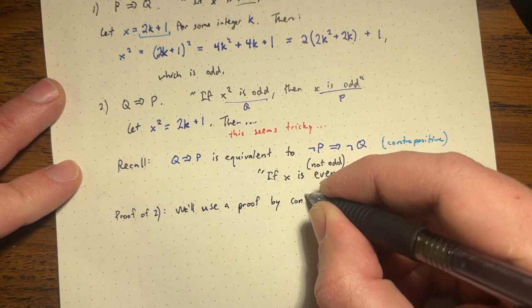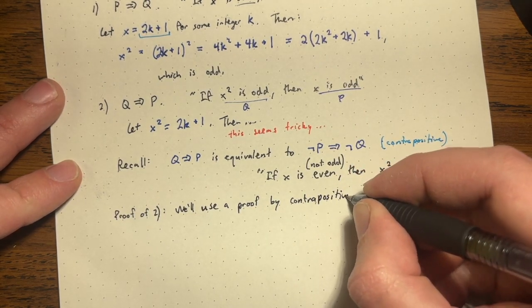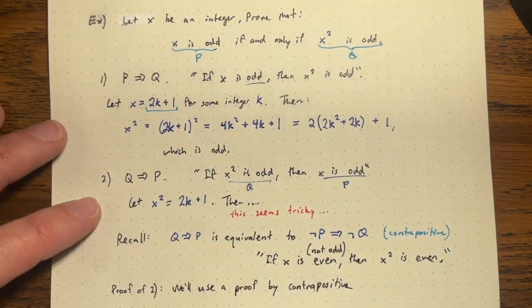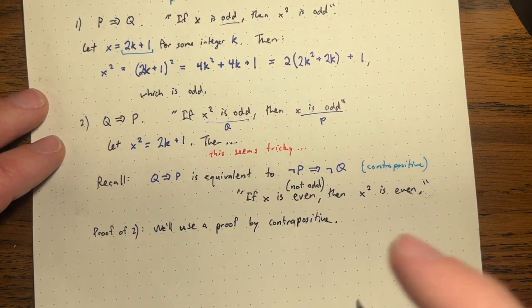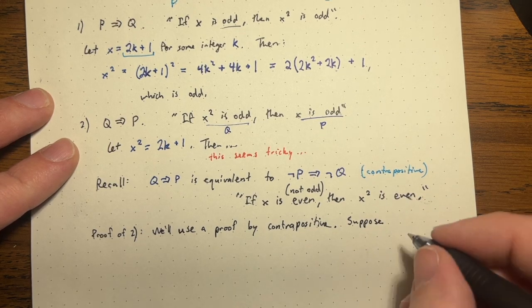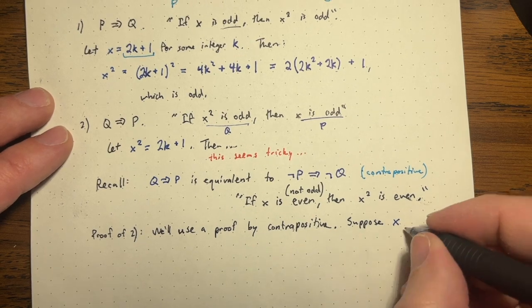This is a proof technique. Instead of proving P implies Q directly, I'll prove the contrapositive, not Q implies not P. So we'll suppose X is even, and I want to prove that X squared is even.